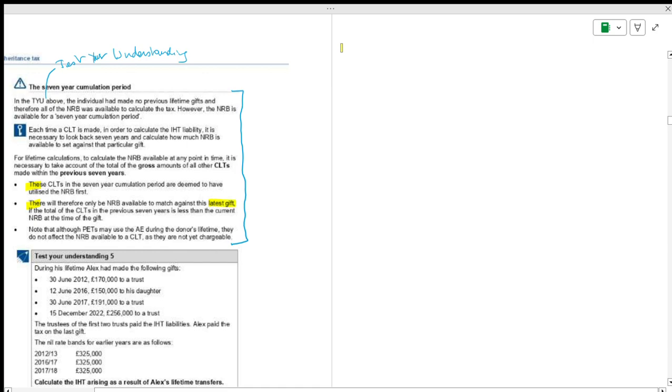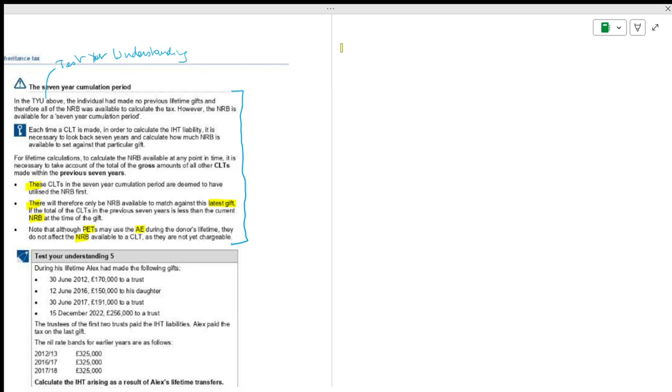If the total of CLTs in the previous 7 years is less than the current NRB, meaning less than 325, note that all potentially exempt transfers may use the annual exemption, but they do not affect the NRB available to CLTs as they are not yet chargeable.